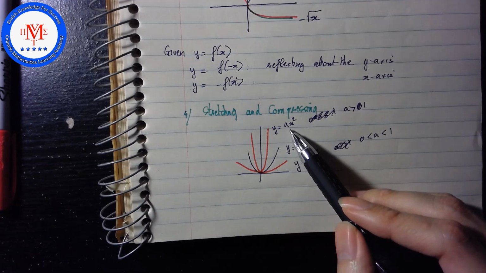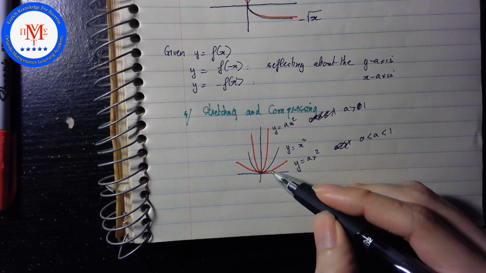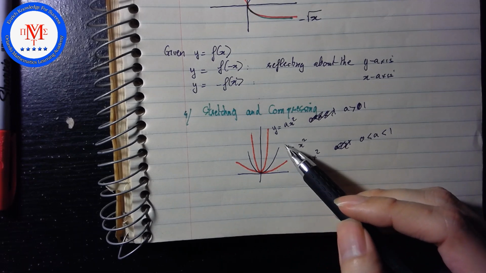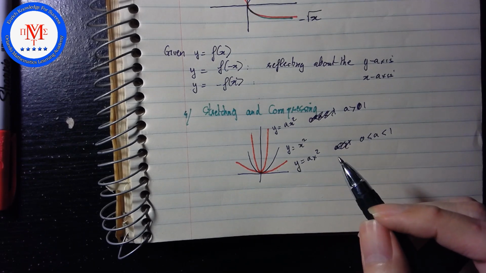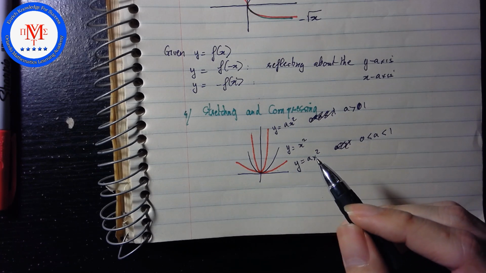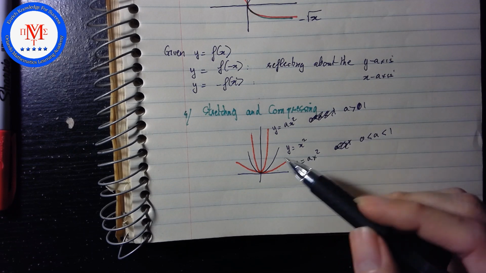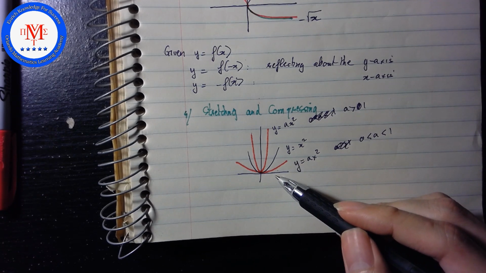For example, over here we have the point (1, 1). If we had a function y equal to 3x squared, it becomes (1, 3). So we keep the x component, but the y component is stretched by a factor of 3.